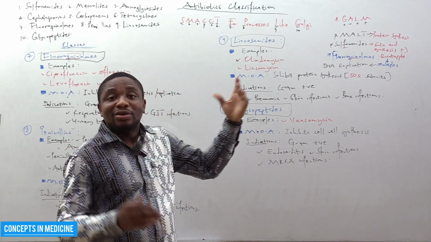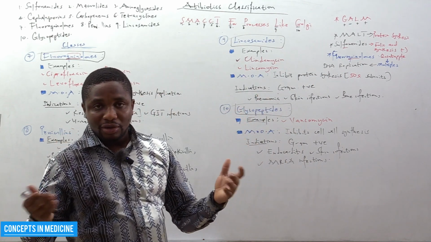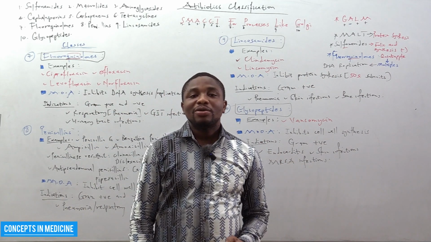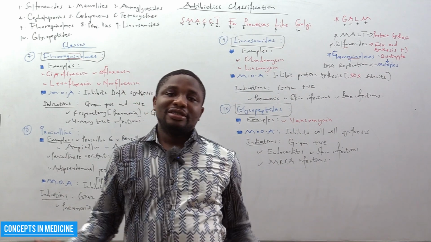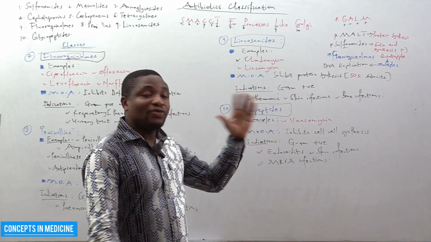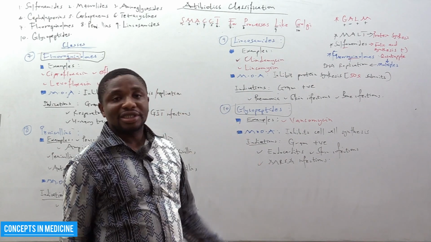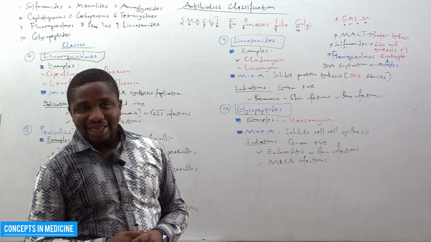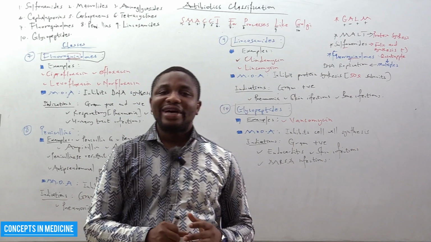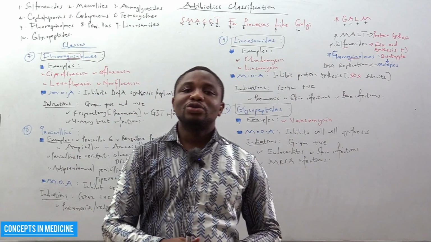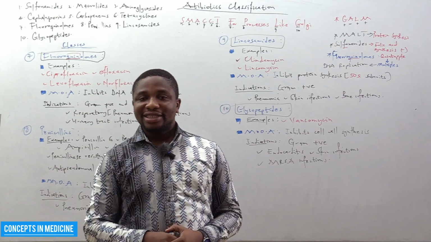For the vancomycin, what is the mechanism of action? It inhibits cell wall synthesis. And what do they go for? Only gram-positive bacteria. And what are some of these conditions? We can think of endocarditis, skin infections, and finally, as we said before, methicillin-resistant Staphylococcus aureus infections.